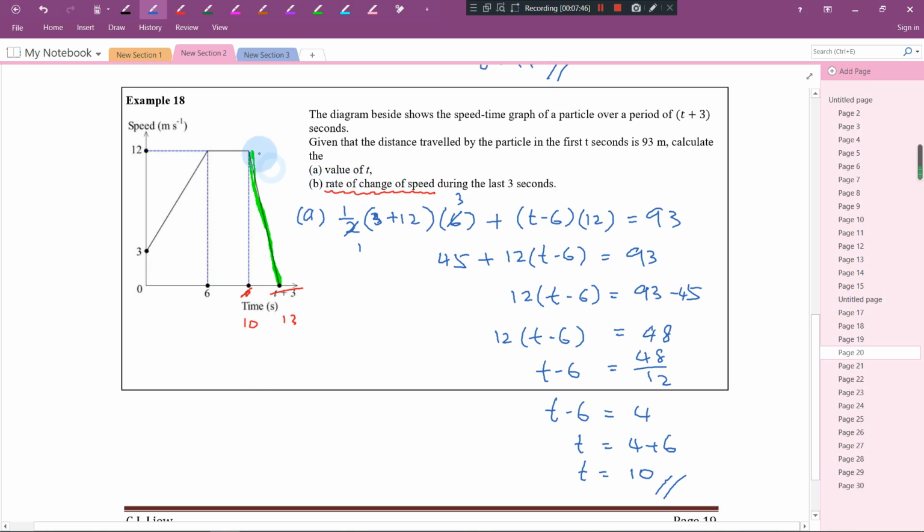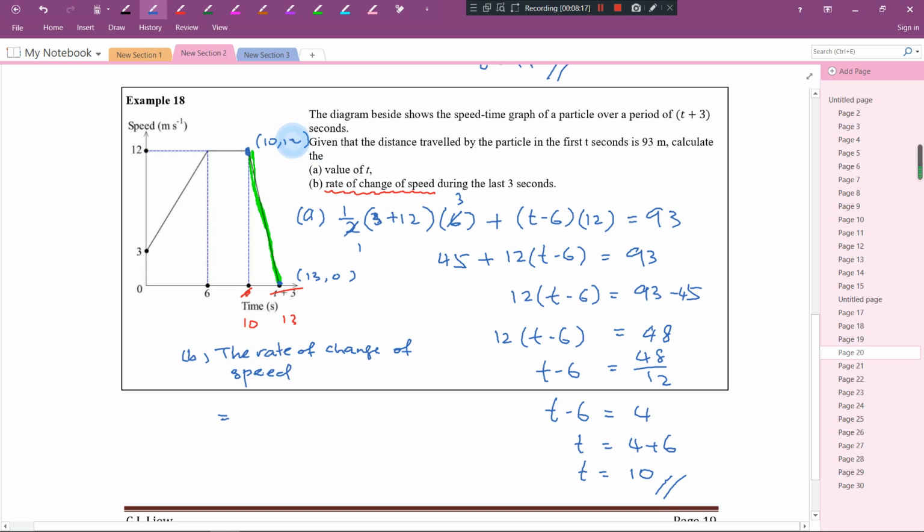To find the rate of change of speed, we get the gradient for this part. So this point is 13, 0, and this point is 10, 12. Okay, so you can take 12 minus 0 or 0 minus 12, it's all up to you.